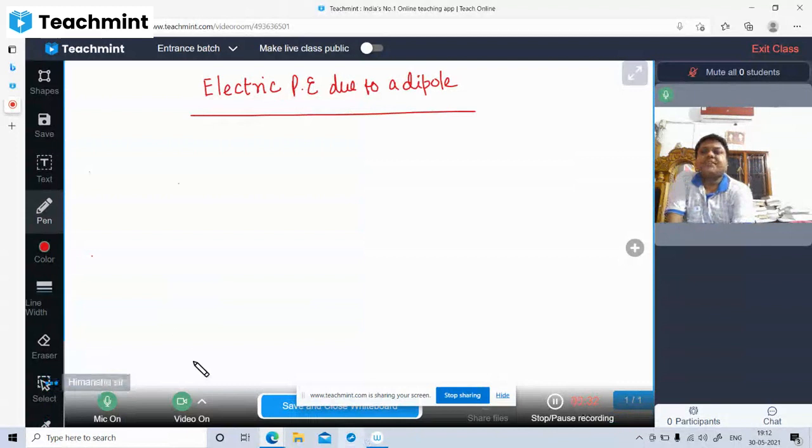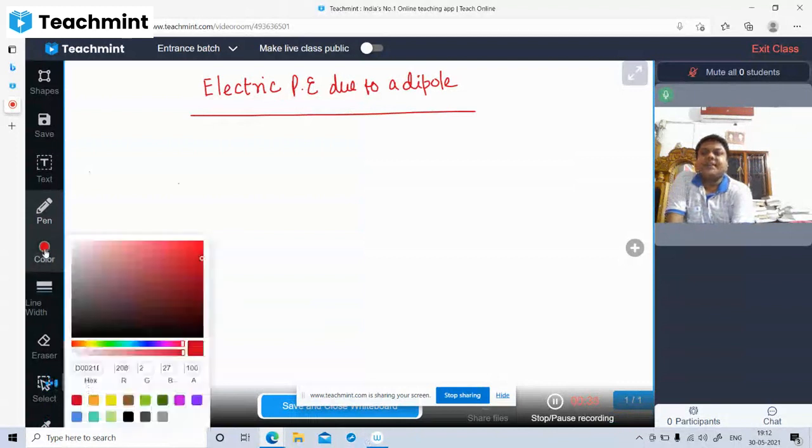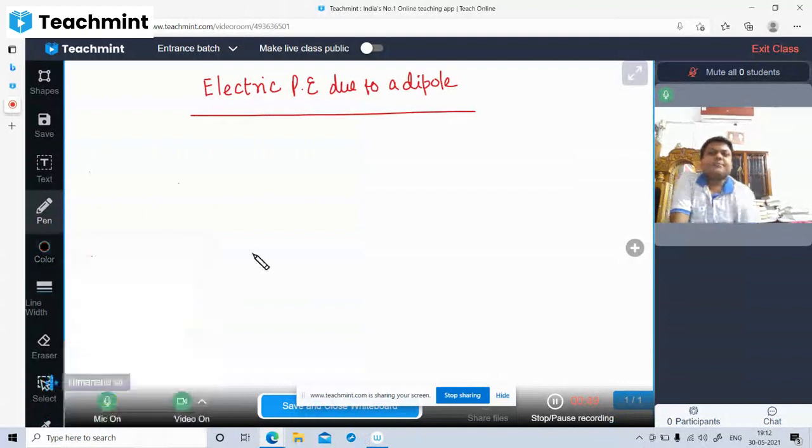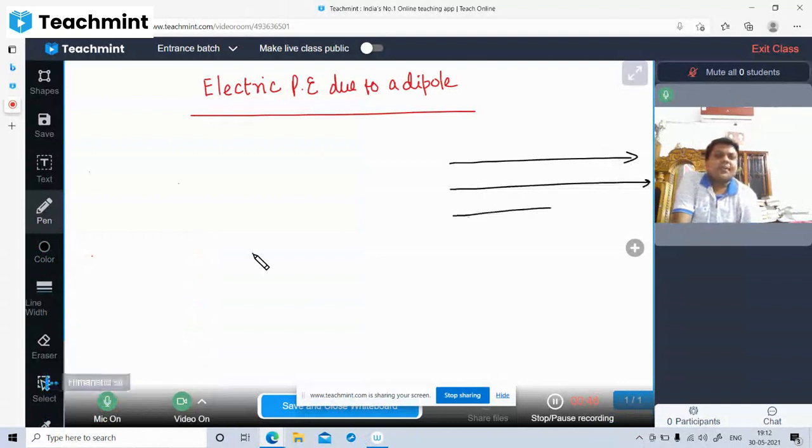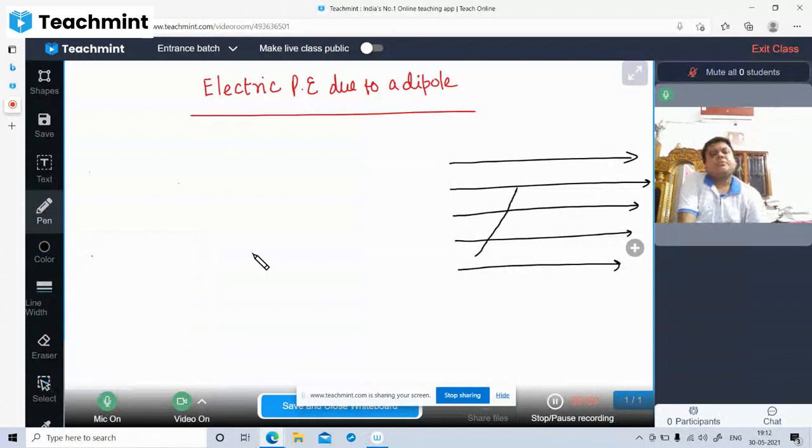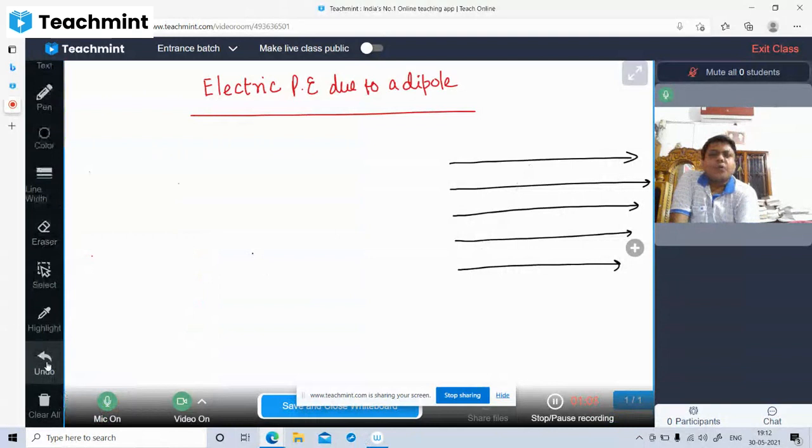That dipole is placed inside a uniform electric field. Look here: it is a uniform electric field, that means parallel and equispaced lines. Here there is a dipole making an angle of theta.